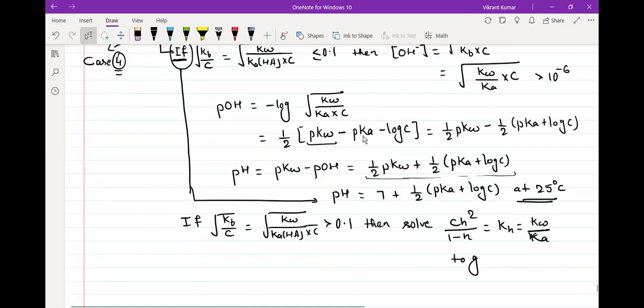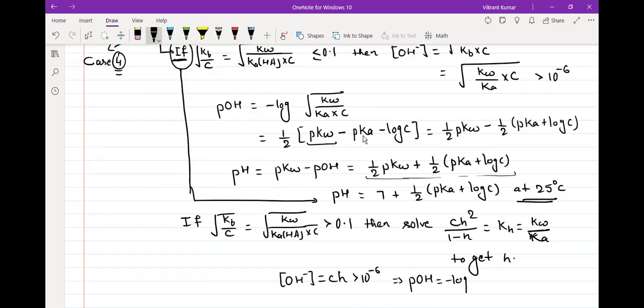And then we are saying OH minus is nothing but C into h. If it is coming greater than 10 to the minus 6, pOH will become minus log of Ch. And then we'll say pH will be 14 minus pOH, or pKw minus pOH.